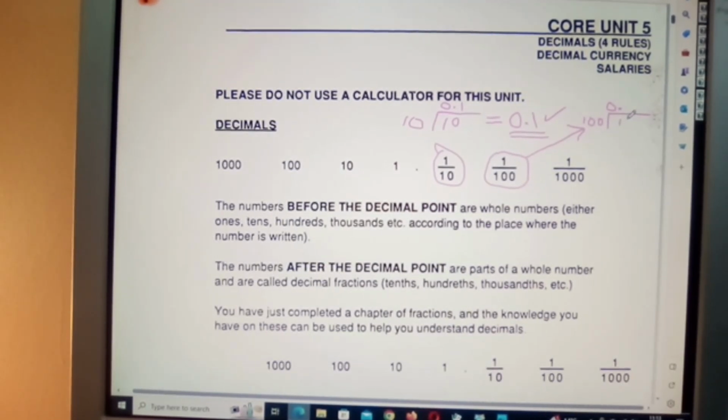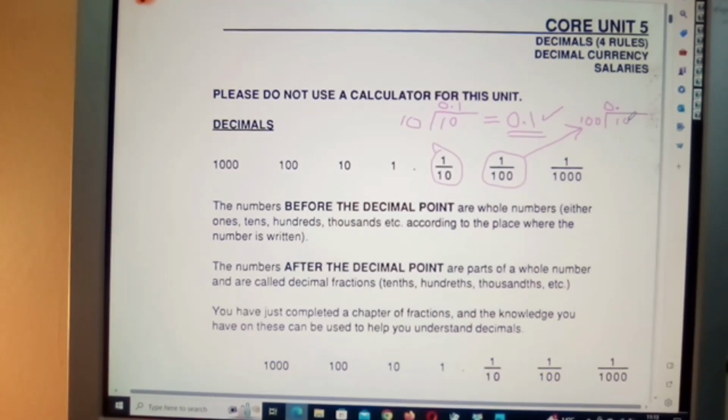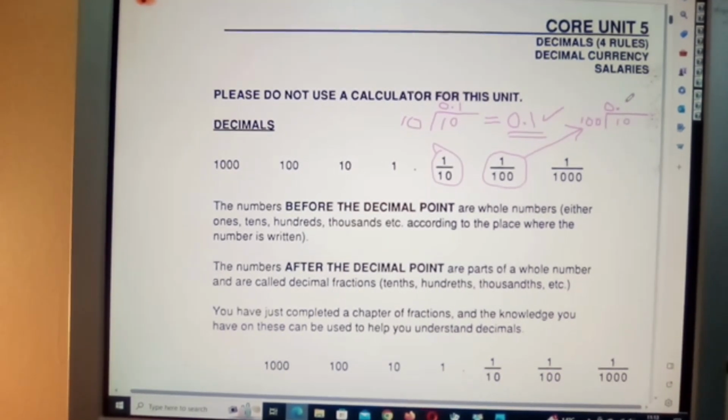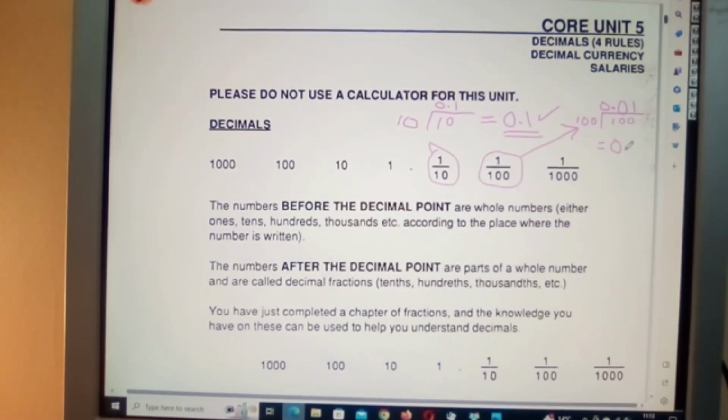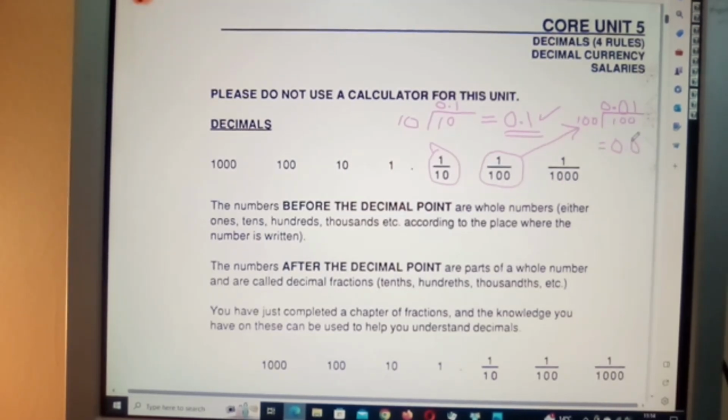Add a 0. 100 into 10 does not go, so you add a 0 there. Before you add a 0 here, you have also put a 0 here. 100 into 100 goes 1. So the answer equals 0.01. And that is decimal.